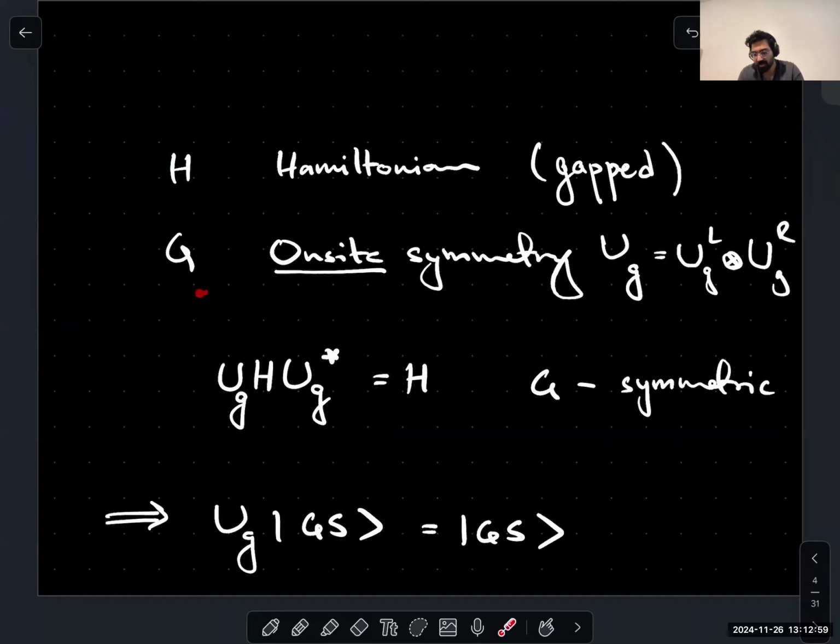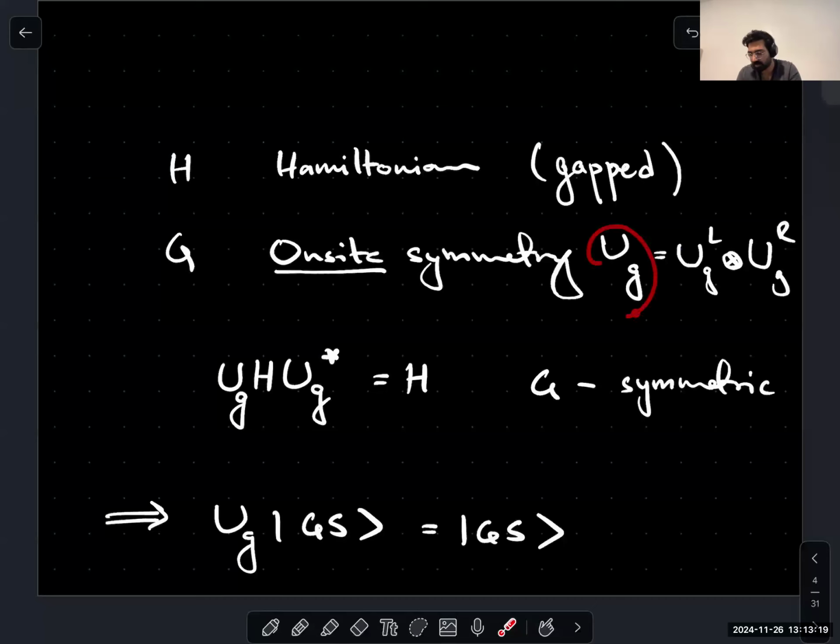We're going to have an on-site symmetry. Now, I want to note that this on-site symmetry is a crucial aspect of this treatment, because it allows us to break our symmetries into tensor products acting on spatially distinct regions.